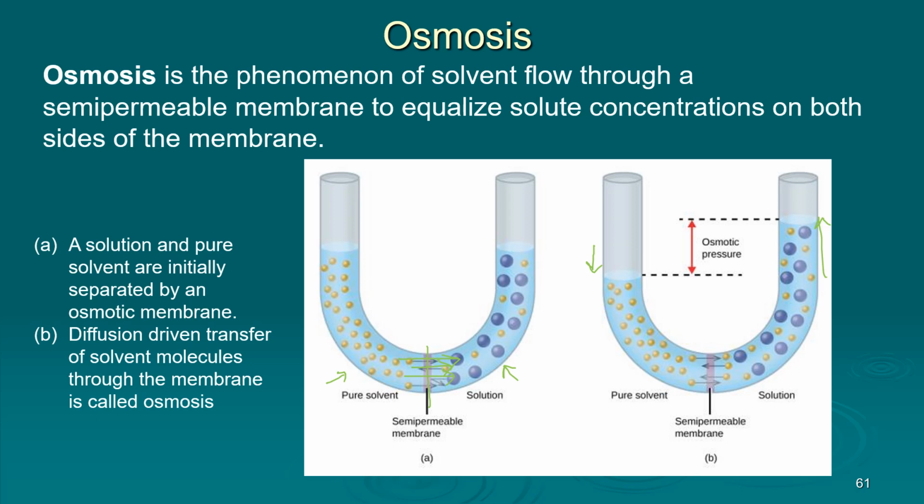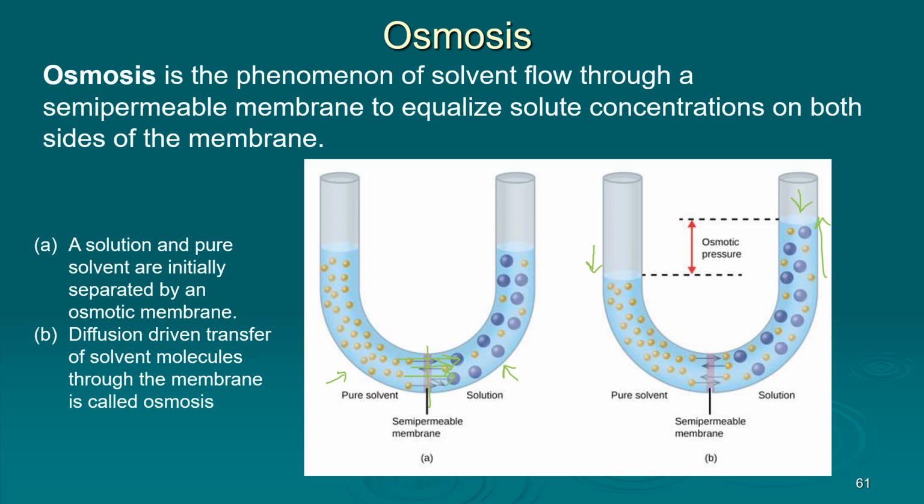Now, osmotic pressure then is the amount of pressure that you would have to push on this to get it back to where it was. So again, osmosis happens through a semi-permeable membrane where the water flows to try to equalize concentrations on both sides of the membrane.